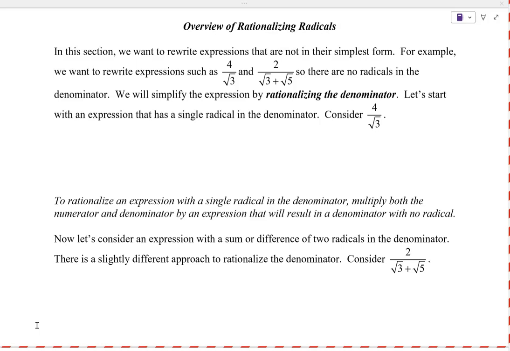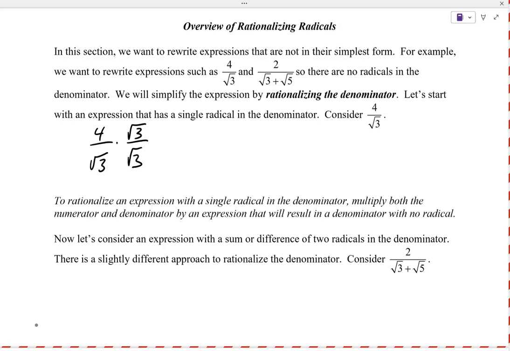So what we'll do when we want to rationalize something like this, we will multiply top and bottom by square root of 3. This has the same effect as squaring the square root of 3, but it's not squaring the fraction, right?